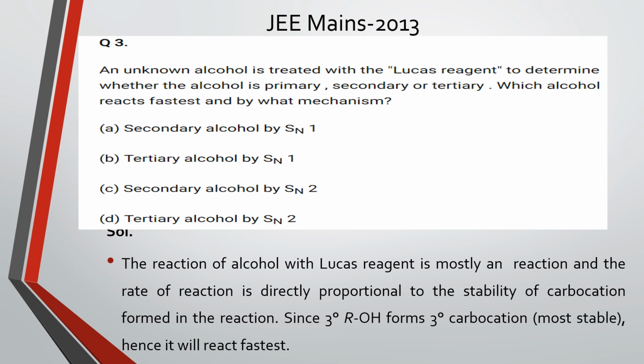Now, as we have seen in the mechanism of SN1 reaction, tertiary carbocations are more reactive as compared to secondary carbocations. Since tertiary alcohols form tertiary carbocations which are more stable, it will react fastest and the mechanism will proceed through SN1 reaction. That's why the correct option here is option B, that is tertiary alcohol, and the reaction proceeds by the SN1 mechanism.